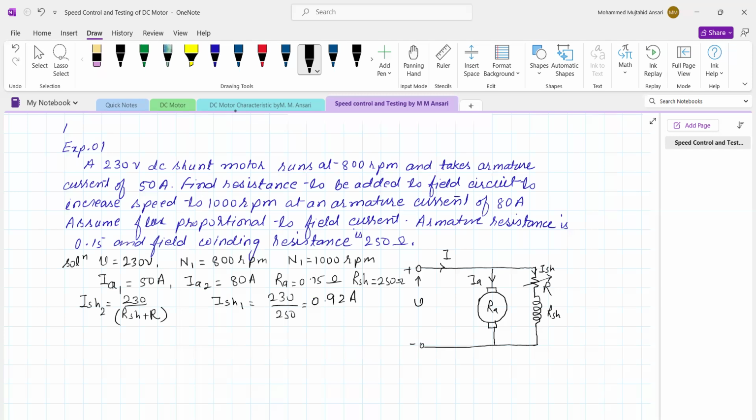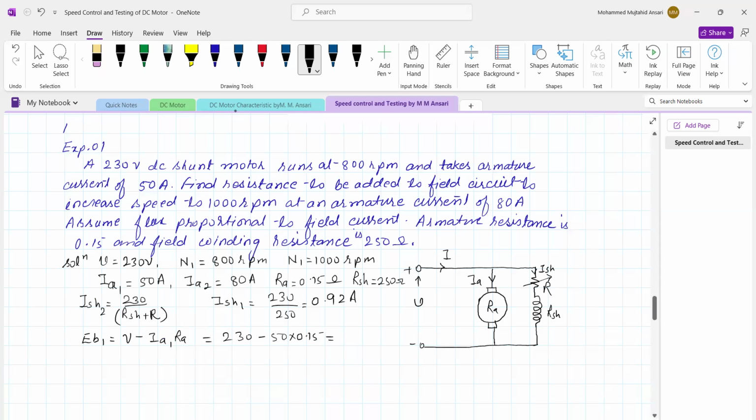Now, first calculate the back EMF in the first case. EB1 is equal to V minus IA1 RA, which is equal to 230 minus 50 into 0.15.